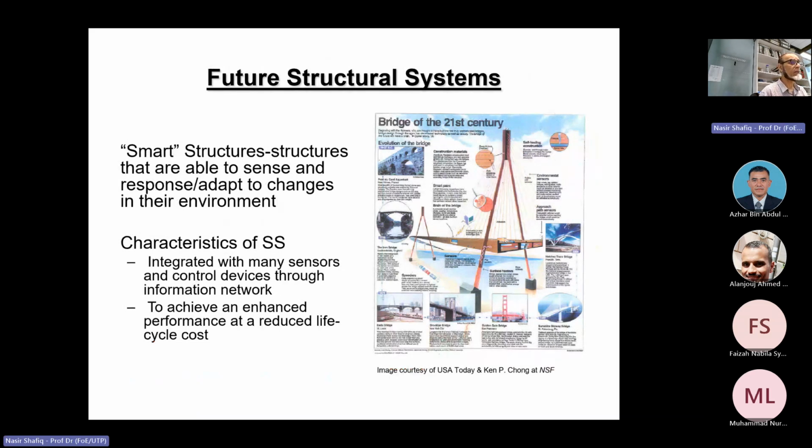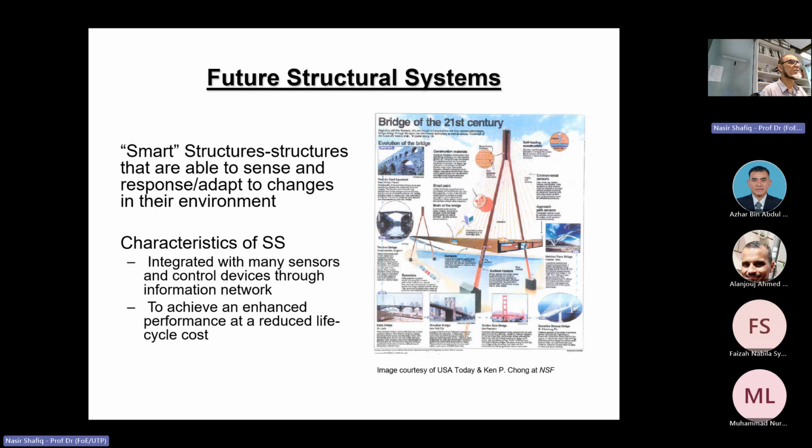So the future, which we are talking about now, is smart structures, right, that are able to sense and respond, adapt to changes in their environment. Like self-healing material, which will self-heal, right?